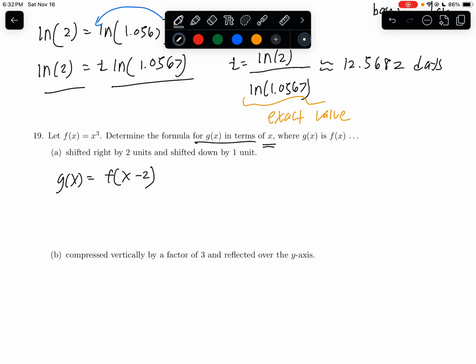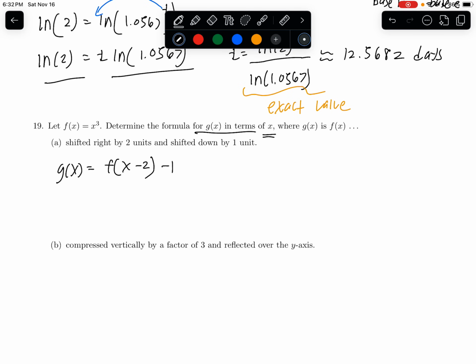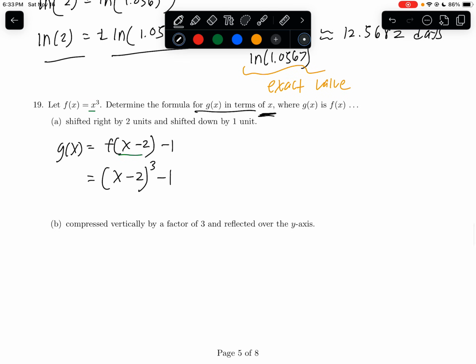And if I want to shift it down by 1, then I would subtract 1. And this is in terms of the function f, but that's not what this was asking for. I need to compute the value, and that would be x minus 2 cubed minus 1. This is just putting this expression into the function for f. And so this would be your formula here.